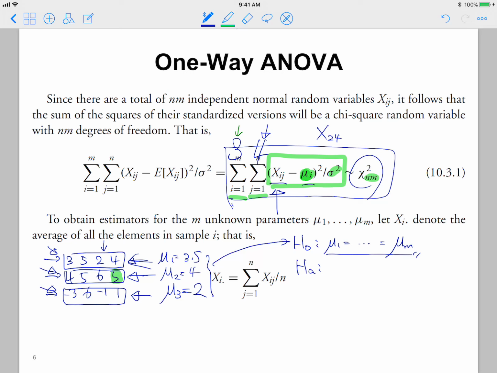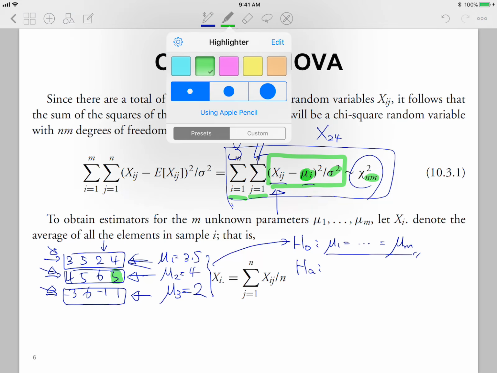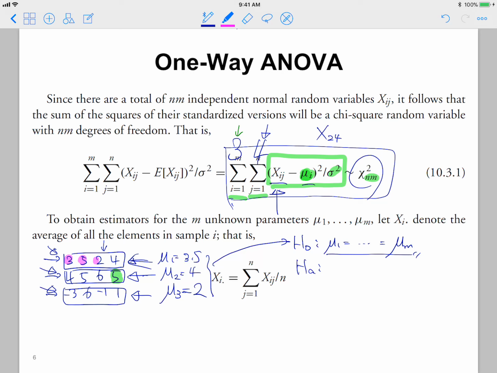We assume this situation, and from each observation we subtract its own true mean value, take the square, and divide by the common variance, which is the same throughout groups 1, 2, and 3. Then it follows the chi-square distribution with degrees of freedom m times n.